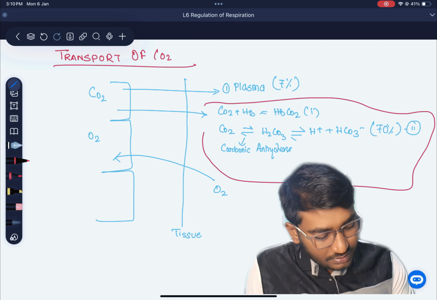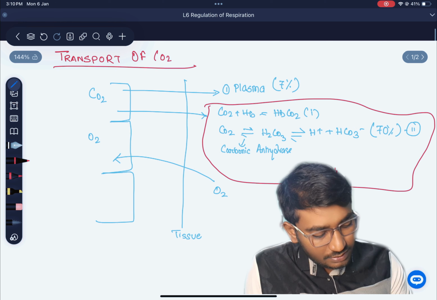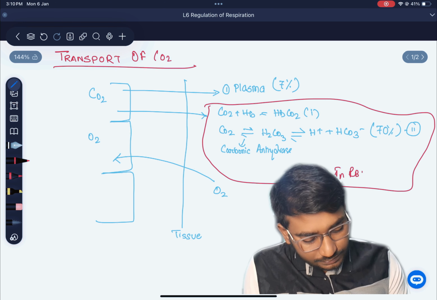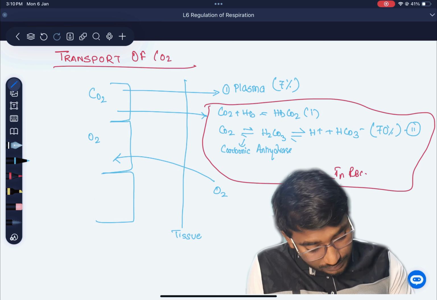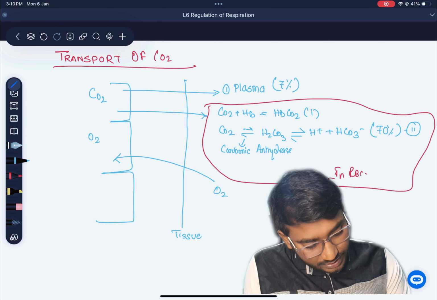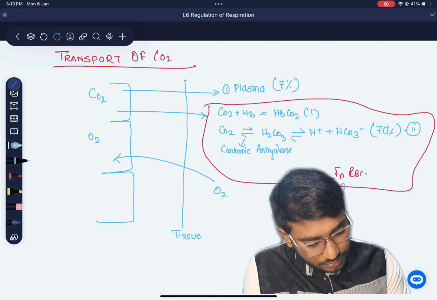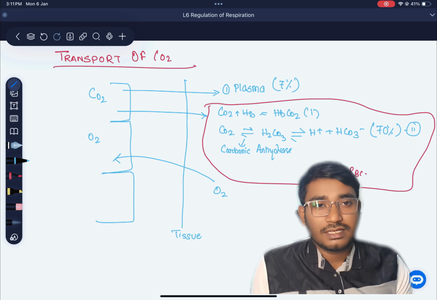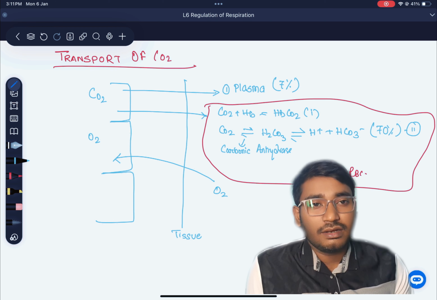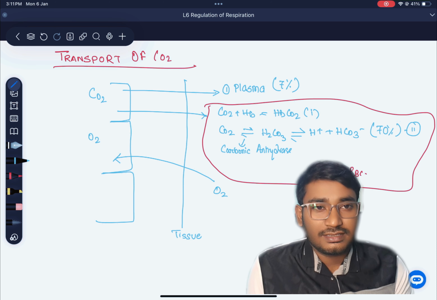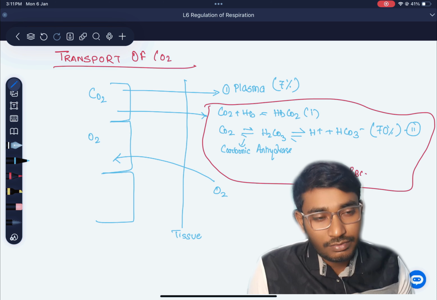In RBC, it is transported as bicarbonate ion. This question comes in NEET: in which form is carbon dioxide carried in the blood? In the form of bicarbonate.